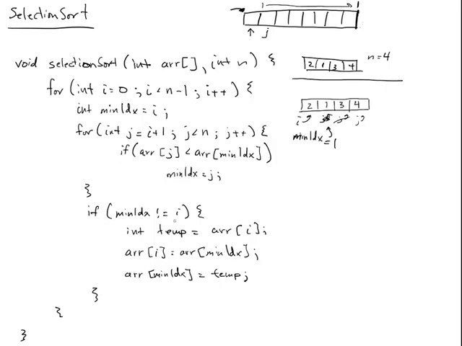And now we ask the question, hey, does min index equal I? That is, does the min index actually point to the value that we started looking at? If that's the case, that means that's actually the smallest number. That is not the case this time through our loop. So what we need to do is swap the value at index 0, which is I, with the value at the min index, which is 1.